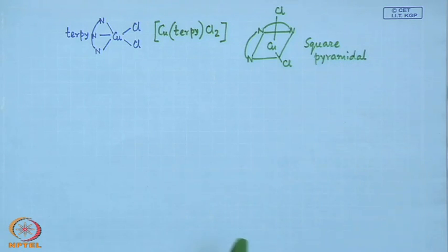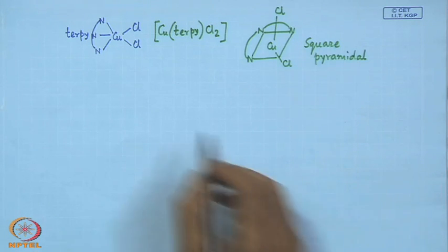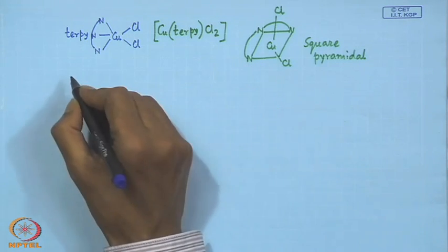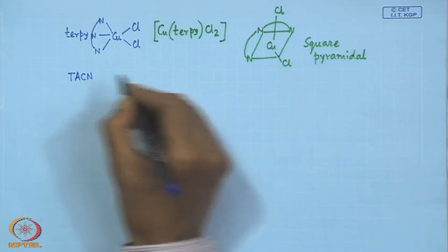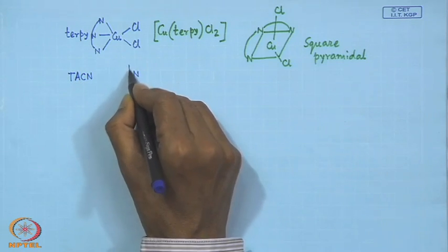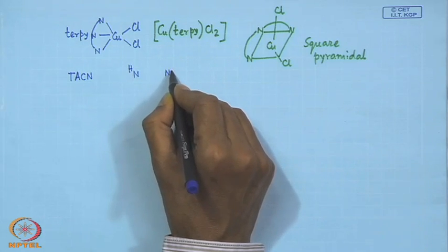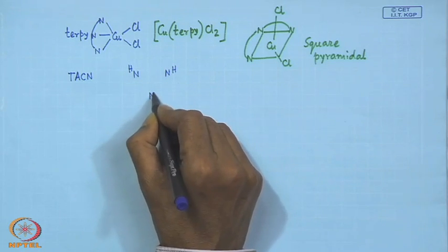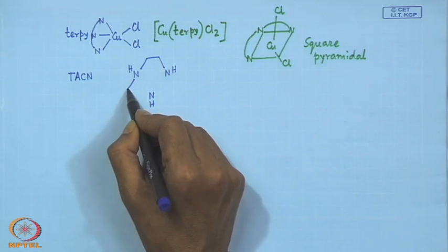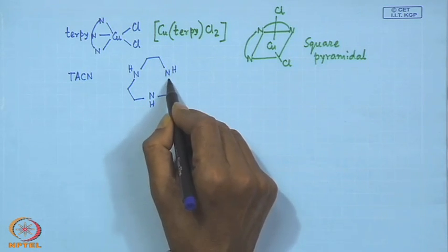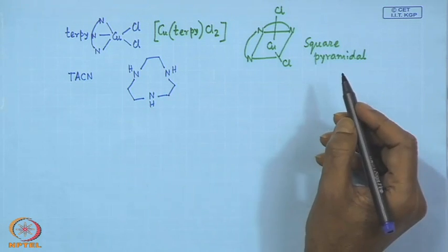In geometry. So, why are we classifying all these ligands in different categories? Because if we go for the TACN ligand, we have 3 NH groups which are more or less in one particular plane and which are connected by an ethylene backbone.